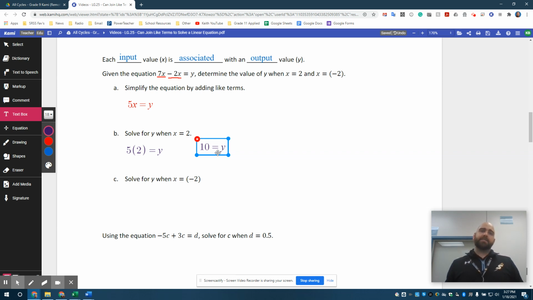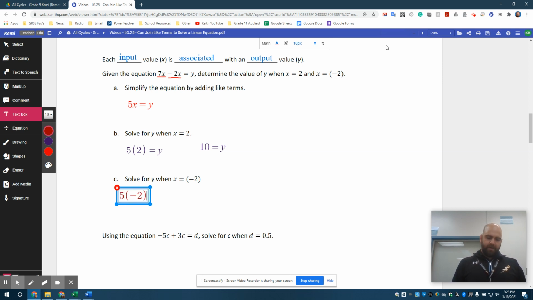Now what happens if x is negative 2? How does that change things, or does it change things? Do we get the same answer? Well, let's take a look. When x is negative 2, now instead of putting a 2 in for x, I'm going to replace it with a negative 2. So we're still going to do the 5, and the negative 2 here in brackets, because it's 5 times x, so it's 5 times negative 2.